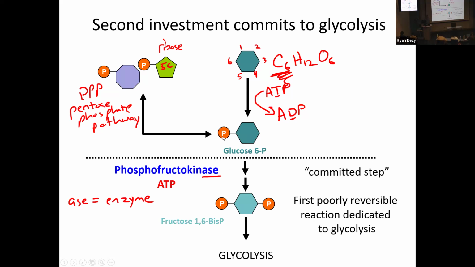So there's a couple chemical steps, but the glucose 6-phosphate gets converted into fructose sugar, which has then got another phosphate added in, and this is called fructose 1,6-bisphosphate, bis for 2 phosphates. It's called 1,6-bisphosphate because one of the phosphates is coming off of the first carbon in the sugar molecule. The other one's coming off of the 6th carbon. And so that is where that name comes from.